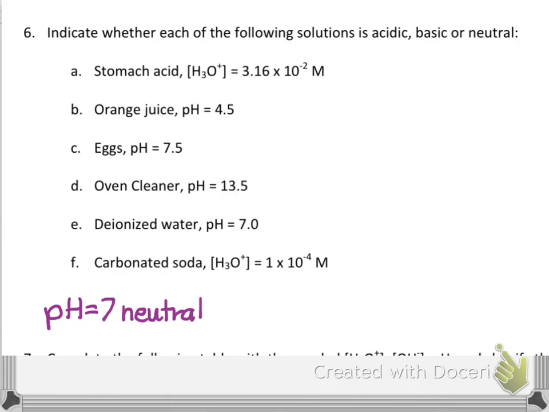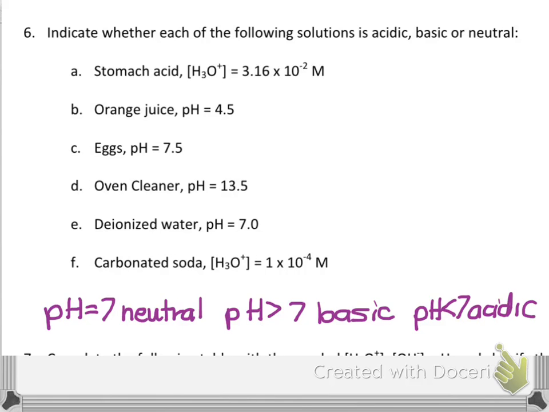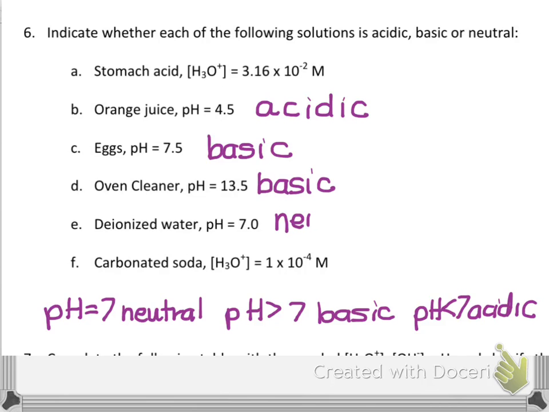A pH that is greater than 7 is basic, and a pH that is less than 7 is acidic. So right away I can label this one as acidic. The 7.5 is slightly basic, 13.5 is basic, 7 is neutral.